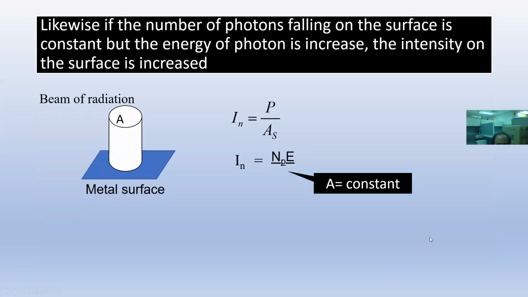We can look at the same formula again. Number of photons on the surface is constant, NP divided by T is constant. Energy of photon E is increased by increasing the frequency, then we are increasing the intensity.